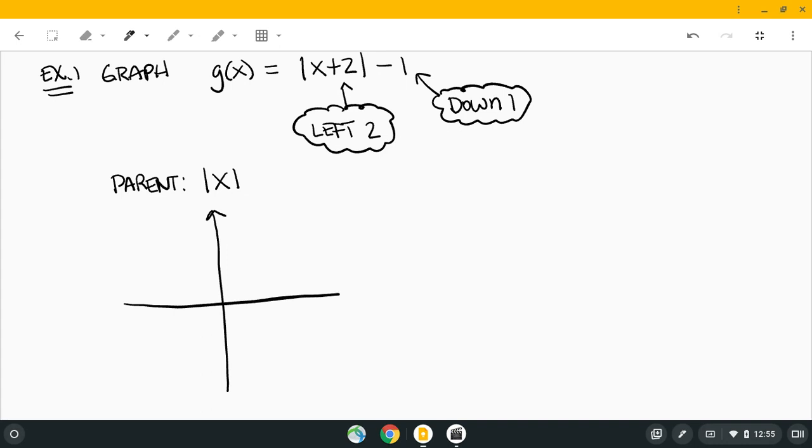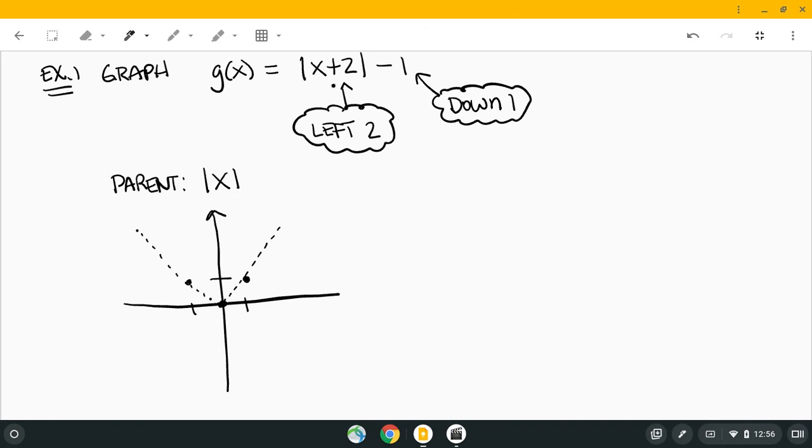Okay, and we know that that's the v-shaped. It looks like this, okay? And I'm just going to do a dashed line. I'll do a solid line for my final. Okay, so this is the parent function. This is what the graph looks like for absolute value of just x.